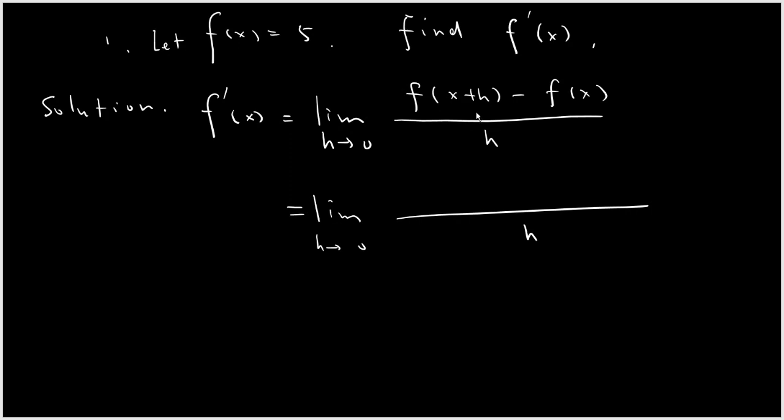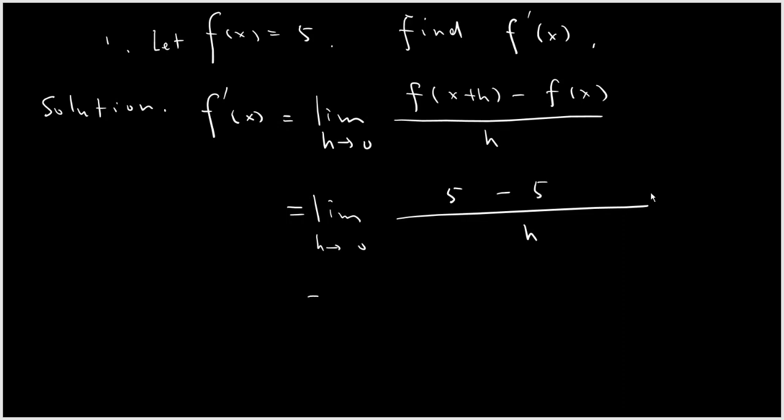I know people tend to be more confused by simple things, but this one is very simple, so don't overthink anything. What's the value of the function at x plus h? The function is a constant function. Yeah, it's 5, which means the value of the function at any number is equal to 5. In particular, the value of the function at x plus h is 5. The value of the function at x is 5.